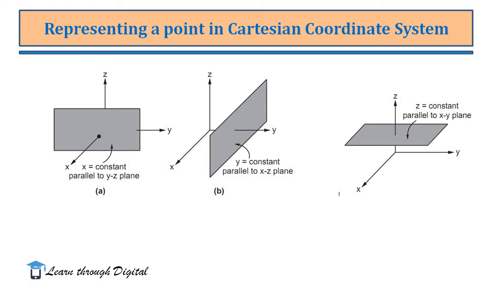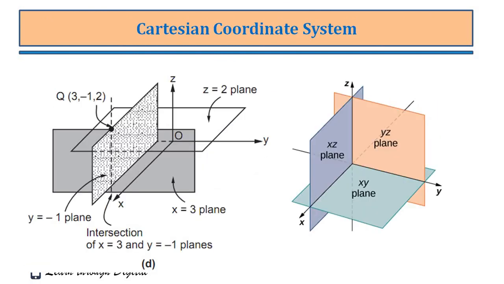For example, we consider point Q, which is intersection of 3 planes, namely x equal to 3, y is equal to -1 plane and z is equal to 2 plane. So now the intersection of the x equal to 3 plane, z equal to 2 plane and y is equal to -1 plane is nothing but point Q(3, -1, 2).